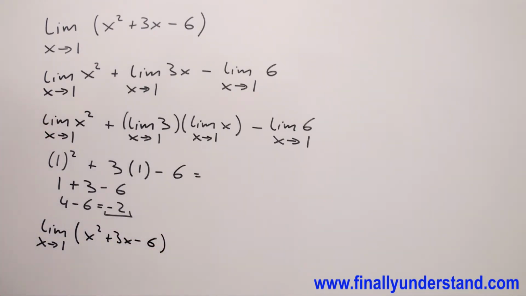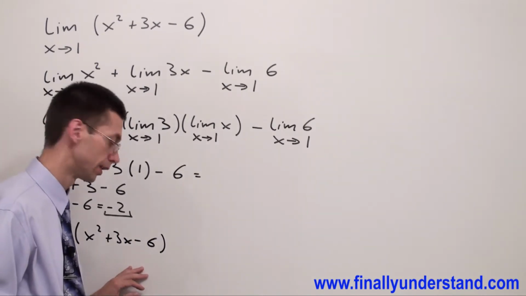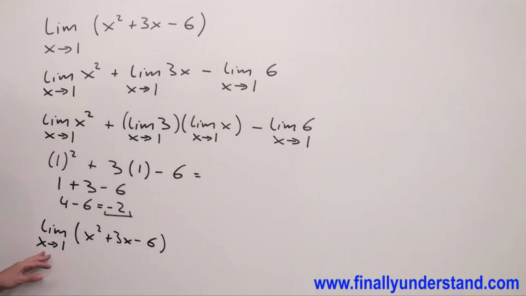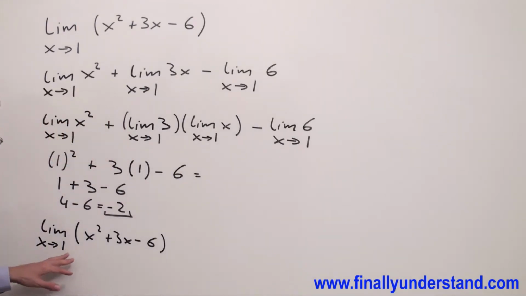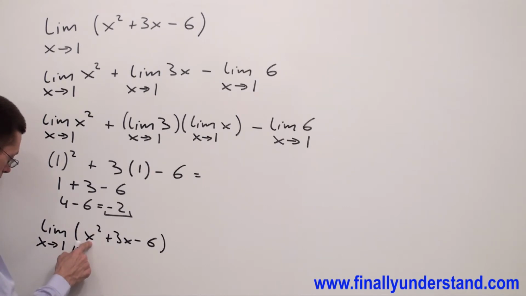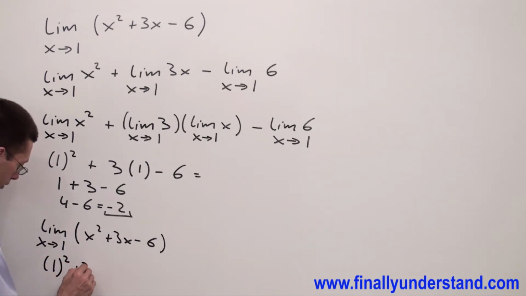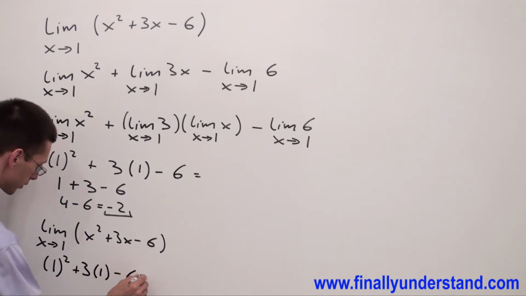Any time you calculate the limit of a polynomial and your x approaches a real number, anything different than infinity, you're supposed to simply replace that value in place of x. So you are going to have 1 squared plus 3 times 1 minus 6.